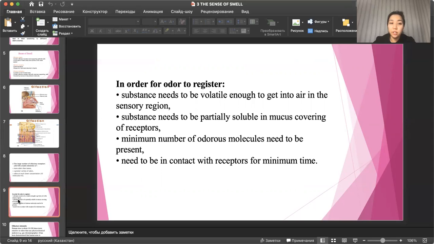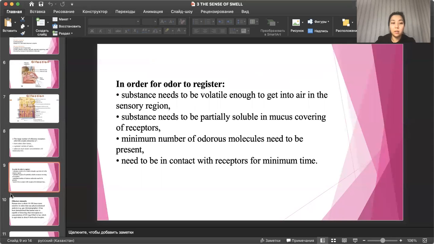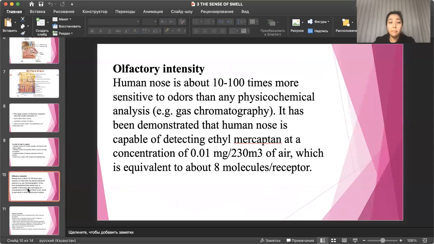In the sensory region, substances need to be partially soluble in the mucus covering the receptors. A minimum number of odorous molecules need to be present and in contact with receptors for a minimum time.